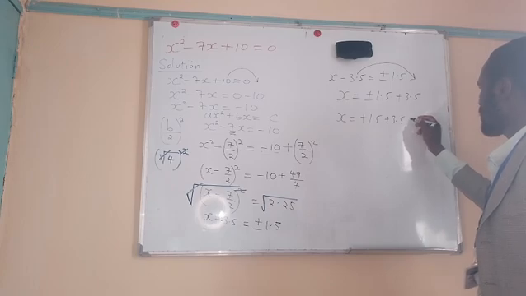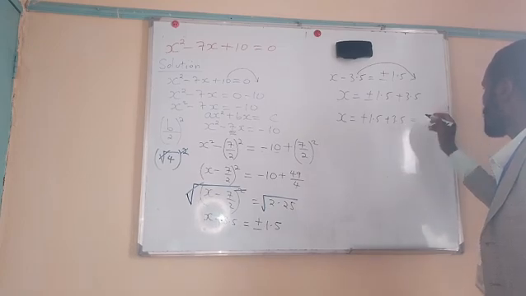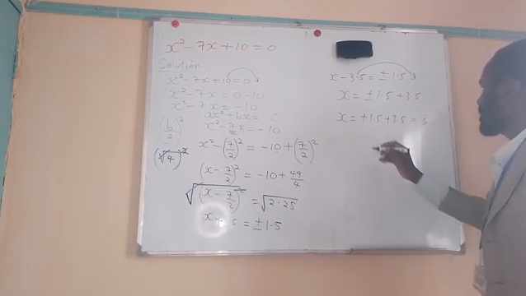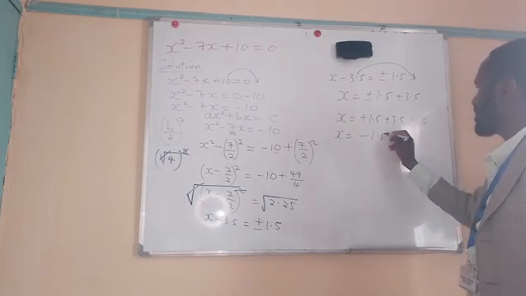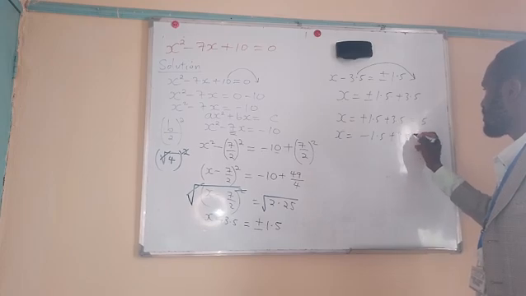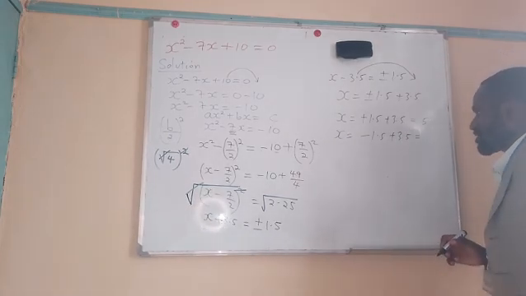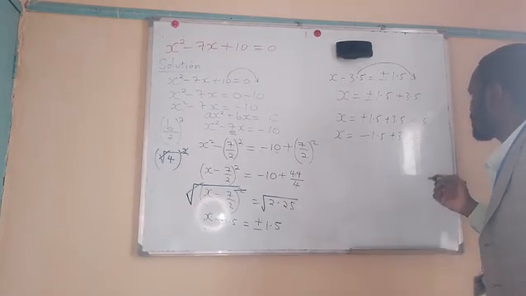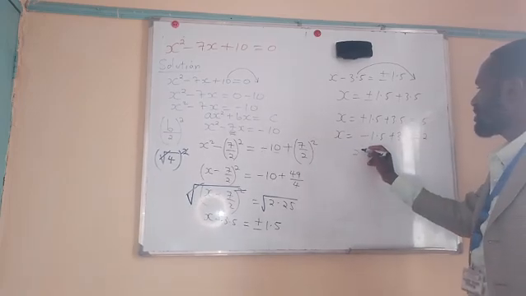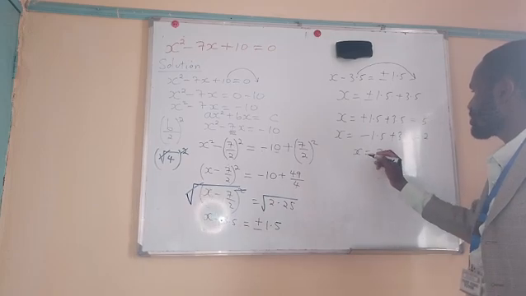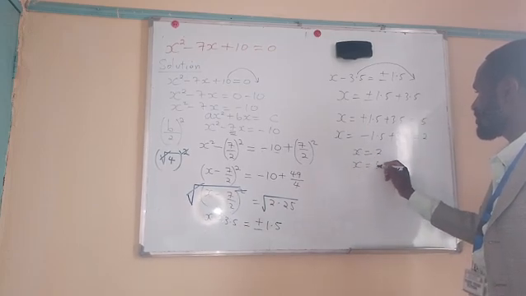So plus 1.5 plus 3.5, I'm going to get the answer as 5. I'll still come back and say x is equal to negative 1.5 plus 3.5. So minus 1.5 plus 3.5, that's the same as saying 3.5 minus 1.5, that gives you 2. So that means your values of x are x equals 2 and x equals 5.